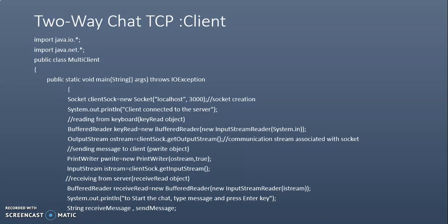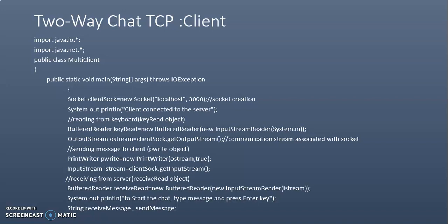OStream, as we know, is associated with the clientSock, where you are getting some data in. Once you have some data in, this pwrite is used further. So let us look where it is coming in again.